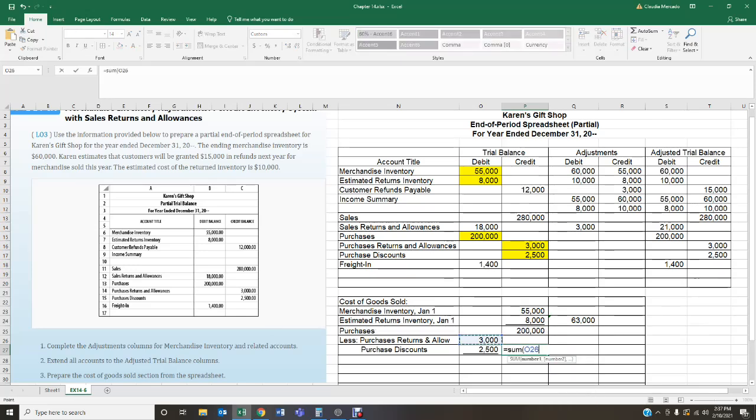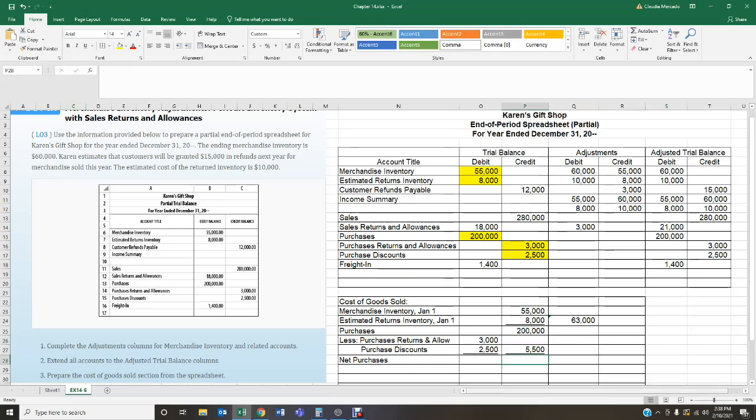And that gives me $5,500. Okay. So I had purchases of $200,000, and I'm going to subtract my returns and allowances and my purchase discounts, and now I can calculate my net purchases. Let me underline here.